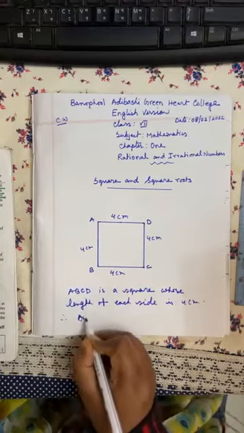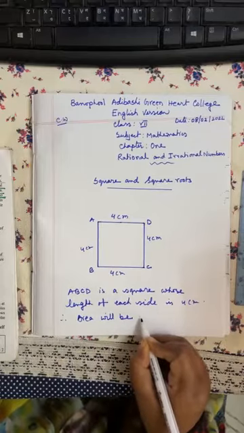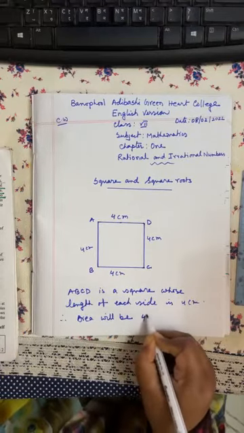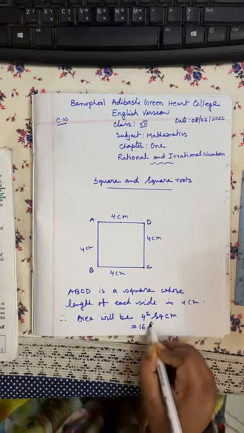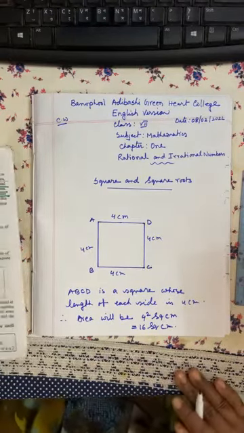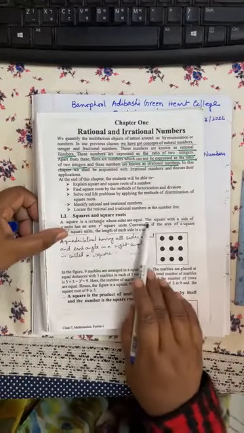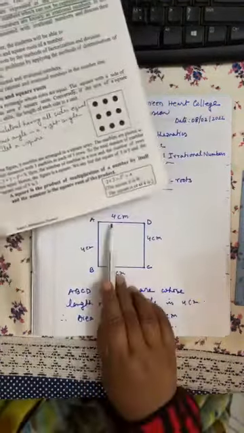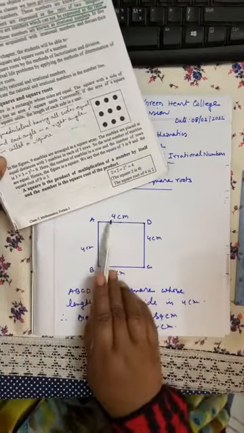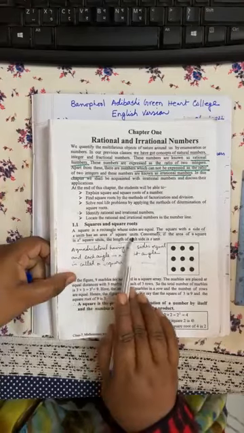so area will be 4 square centimeter, that is equal to 16 square centimeter. That is why it is said, see here, the square with a side of x unit, here we measure that x is 4 unit, that is 4 centimeter, has an area x square units.